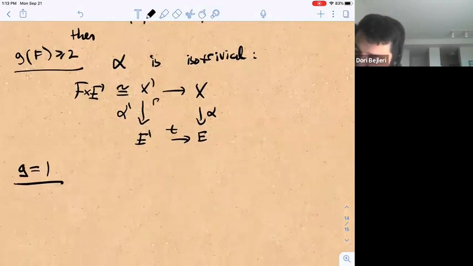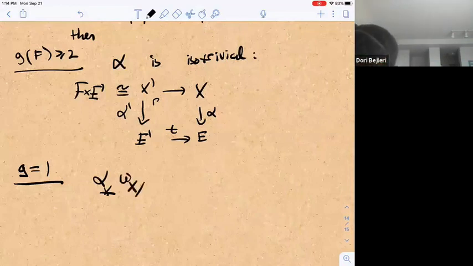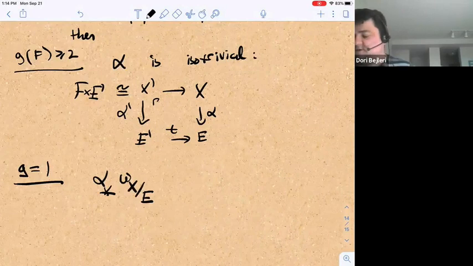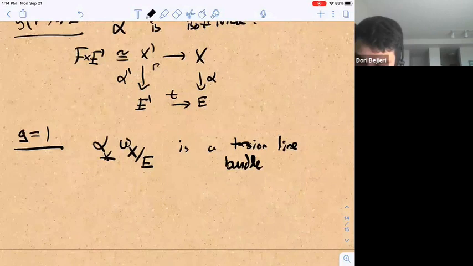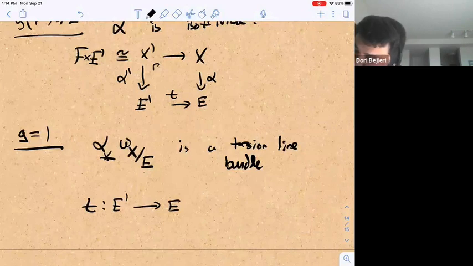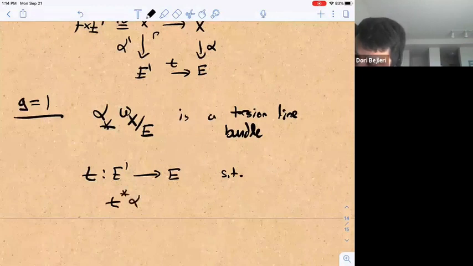Here, we can't say that X itself becomes trivial when you pull back, but we can say the analogous statement that the line bundle alpha lower star of the relative canonical sheaf, so this is the sheaf which when you restrict on each fiber gives the canonical of that fiber, is a torsion line bundle, which is equivalent to saying that there exists some finite étale T such that the pullback of this alpha lower star omega is actually trivial.